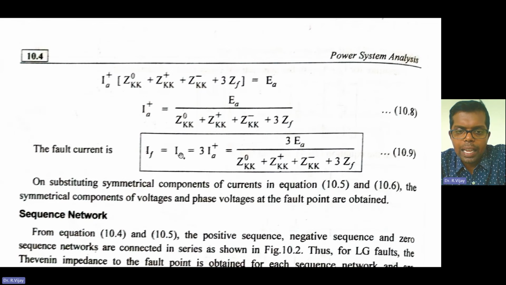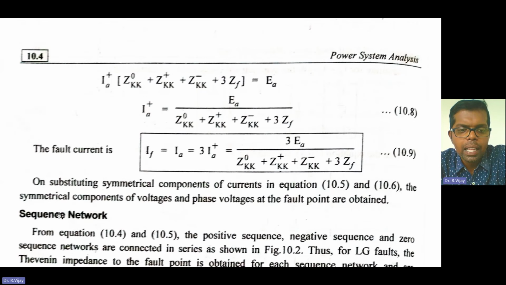You just substitute here: 3 into EA divided by ZKK naught plus ZKK positive plus ZKK negative plus 3 into ZF. This is the fault current for that particular line to ground fault, where the fault is happening at phase A.